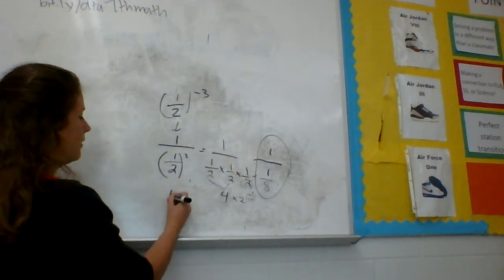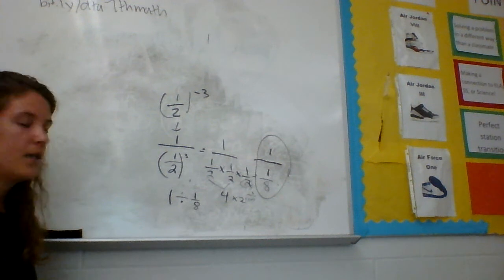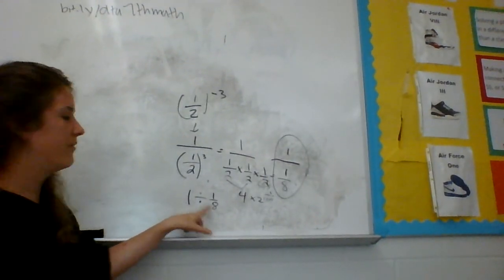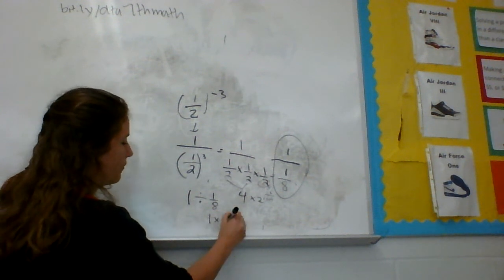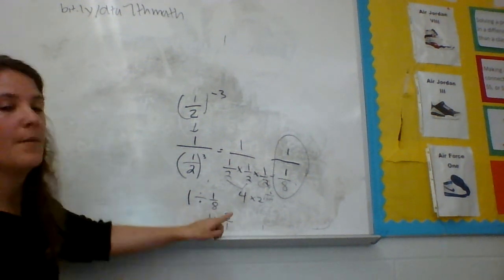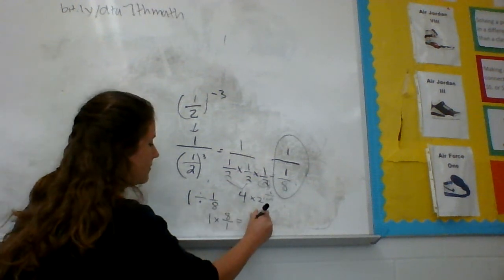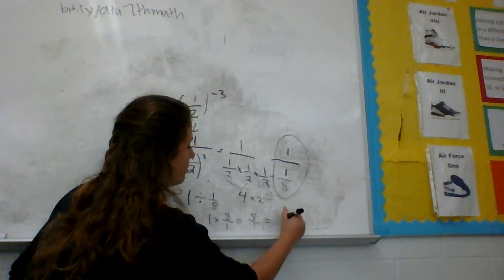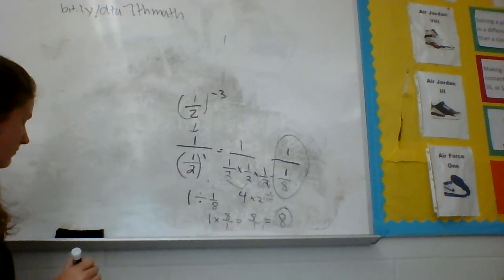So I'm going to do 1 divided by 1/8. And I know when I'm dividing by a fraction that I can do keep, multiply, and flip. So 1 times, I'm going to flip this, 8/1. Again, 1 times anything is just that number. And 8/1 is my answer, which I know 8/1 or anything over 1 is just the numerator, which is 8.